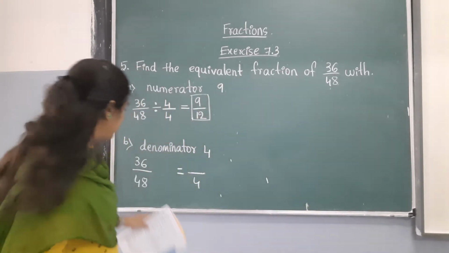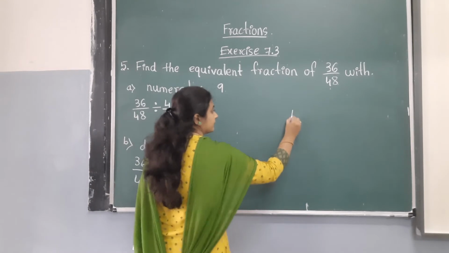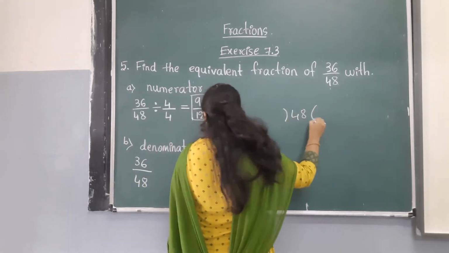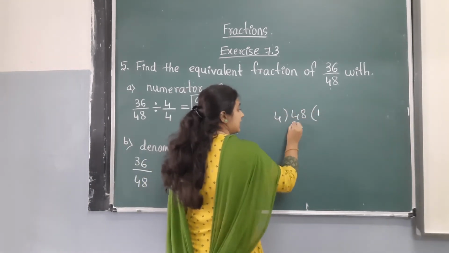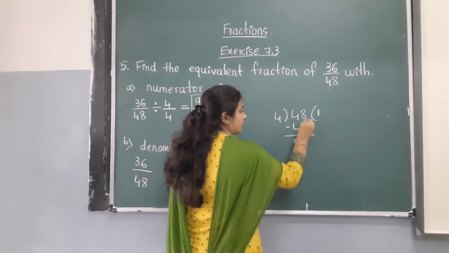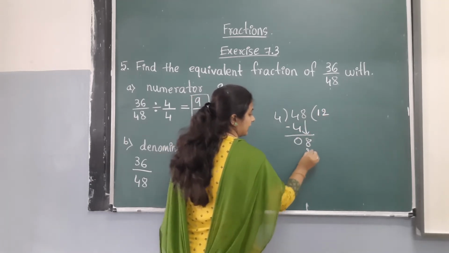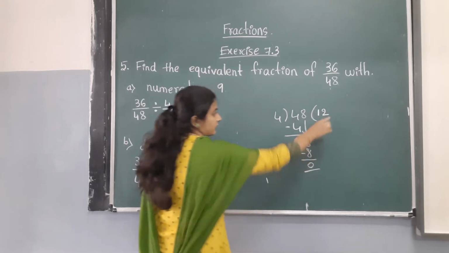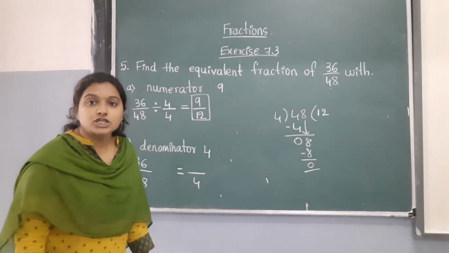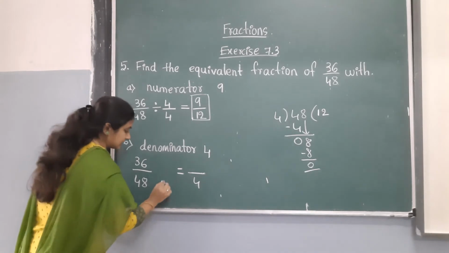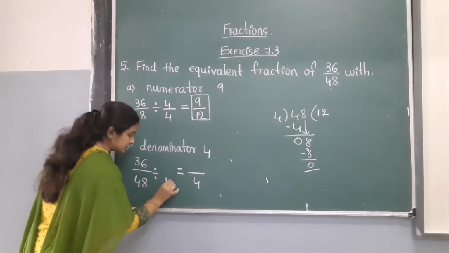Divide, children. 48 divided by 4. 4 ones are 4. 0. This 8 take down. 4 twos are 8. So what is the answer, children? 12 is the answer. Divided by 12.